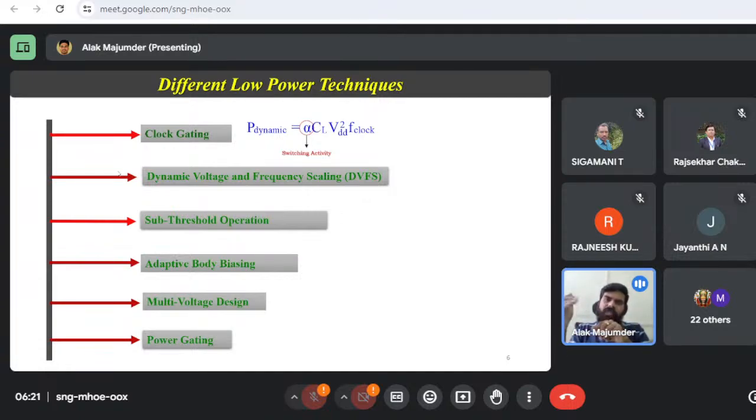So by that process, we can reduce the unnecessary switching because of the clock, and the power reduction can be attained. There is another method called dynamic voltage and frequency scaling. There will be a different control circuit which will scale down your VDD as per requirement, because we know that if my VDD is lesser, my power dissipation will also come down. But the problem is with the scale down of VDD, your delay will increase.